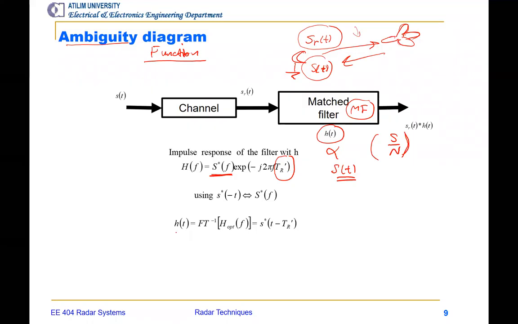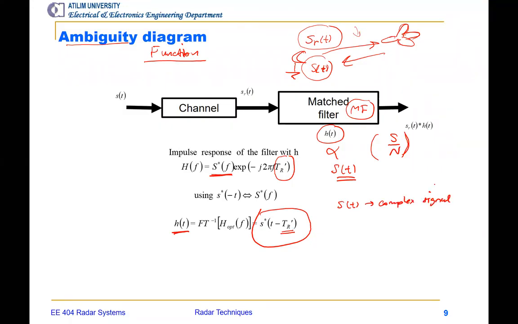The impulse response can then be written as the complex conjugate of the transmitted signal, just shifted by TR prime again. Note that s of t is a complex signal.